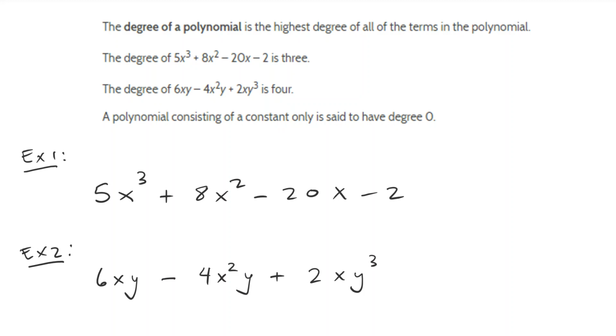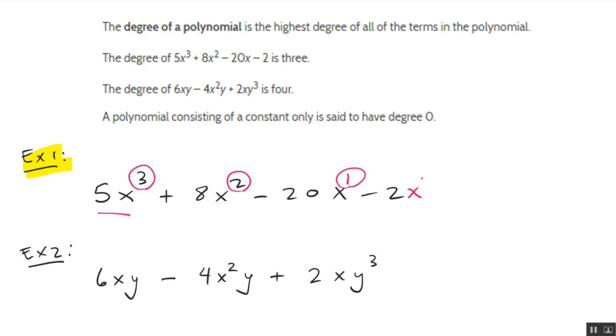So let's look at example 1 right here. The first term has 3 as its highest power. The second term has 2 as its highest power. The third term in example 1 has a 1 as its highest power.